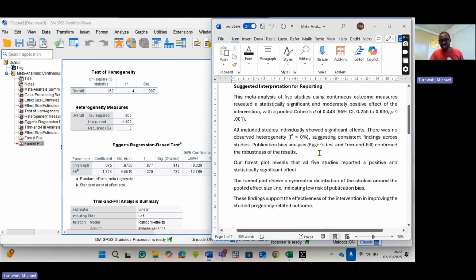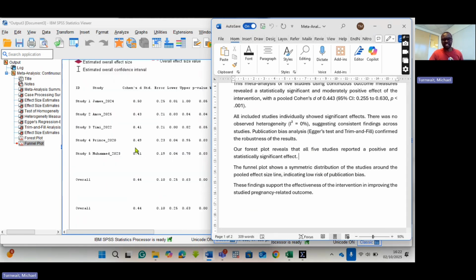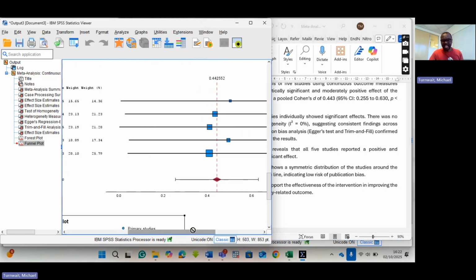Publication bias analysis, which we did using the Egger's test and trim and fill, confirmed the robustness of the result, meaning that there was no publication bias in our study. For our forest plot, all 5 studies reported a positive and statistically significant effect.